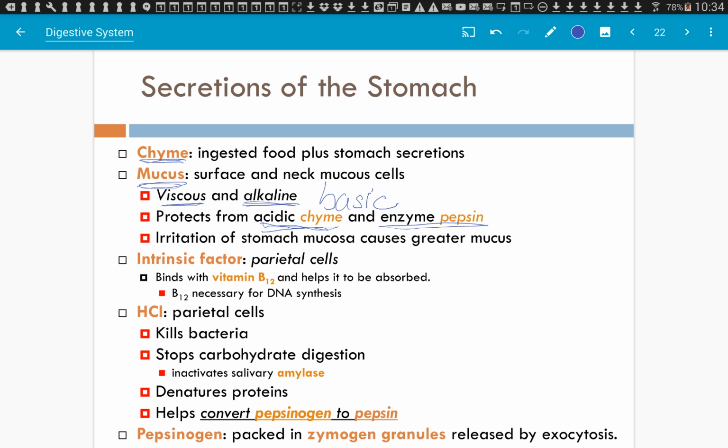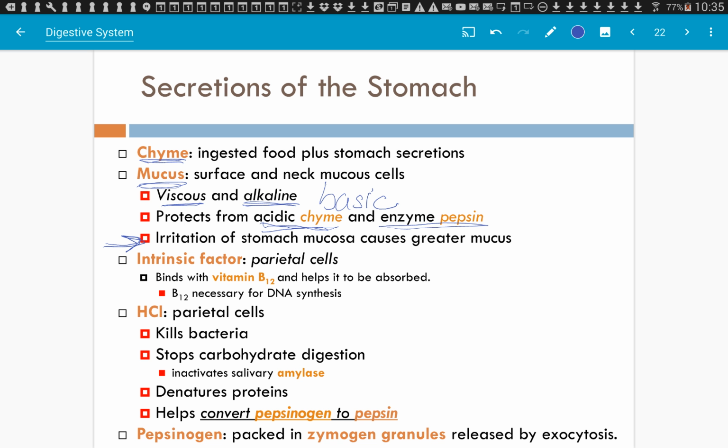So interestingly enough, if you notice here, if your stomach lining, the stomach mucosa, gets irritated, your stomach responds by producing more mucus to help protect it, help reduce the irritation. Now, there are some people who are predisposed to problems with their stomach.